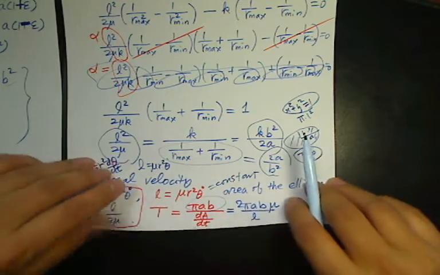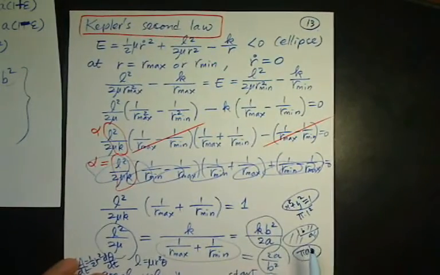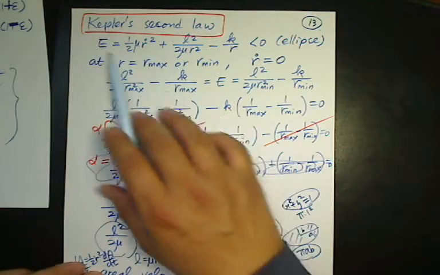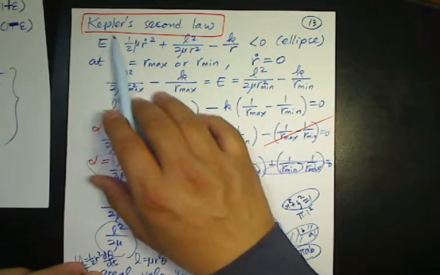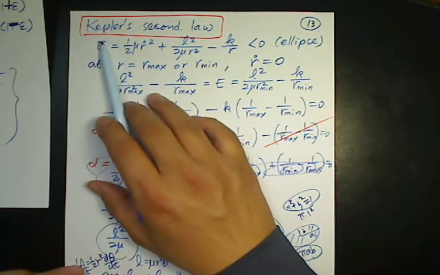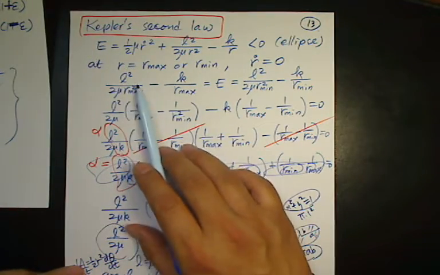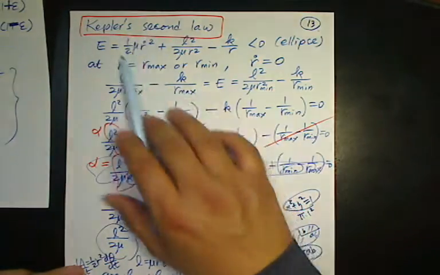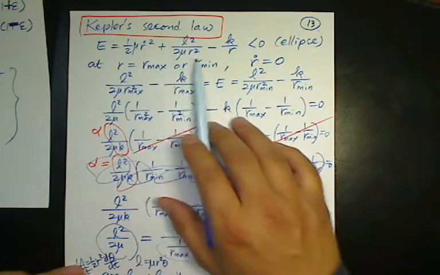In addition, for the relation between r max and r min, energy is a conserved quantity, and at r max and r min the radial velocity disappears.